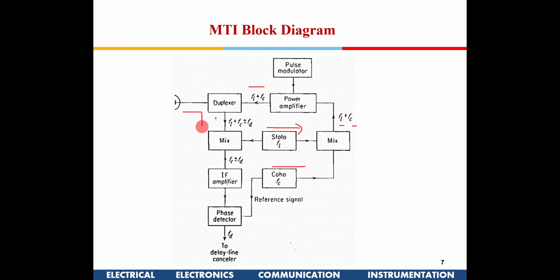So the received frequency will be FL plus FC plus the Doppler shift, and then I have one more mixer, and then I have FL being mixed here. So FL gets cancelled. Now I just have FC plus or minus FD, and then in the second stage I mix it with FC, then FC gets cancelled, I get FD.